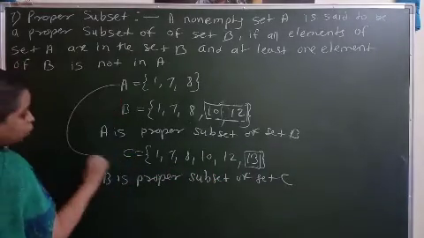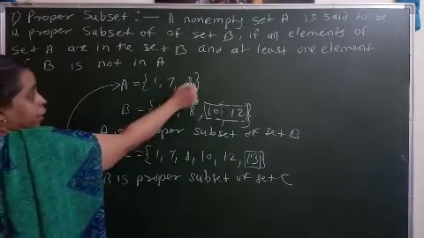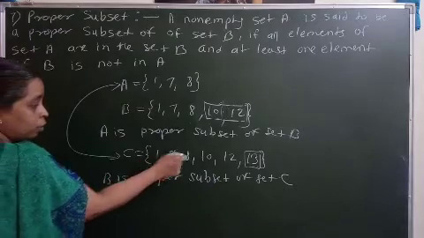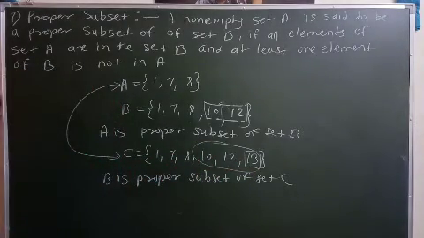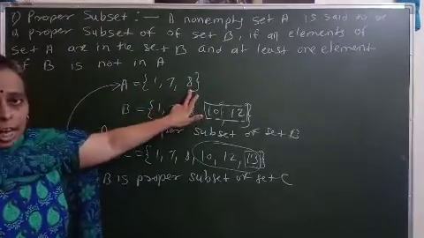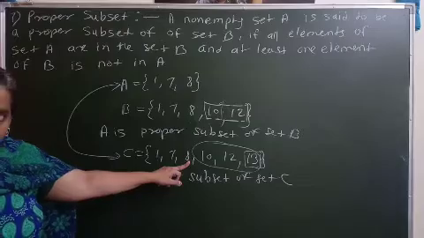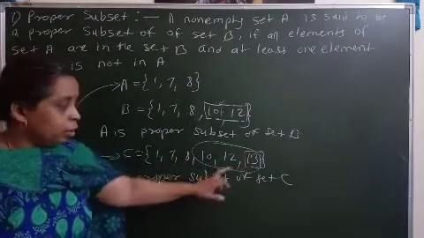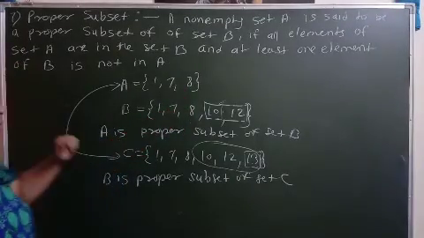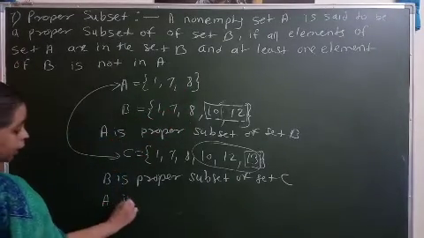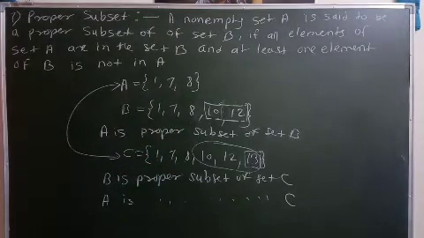Now what about A and C? A contains 1, 7, 8. C contains 1, 7, 8 and these three numbers. So every element of set A is an element of set C. And C contains this 10, 12 and 13 which are not in A. So again A is a proper subset of set C. बरोबर आहे का, चेक करा.